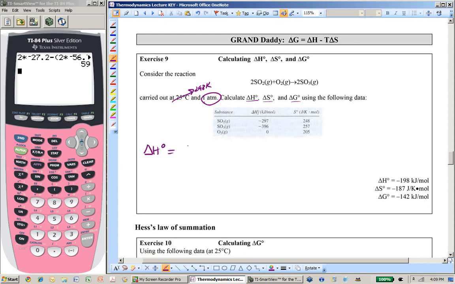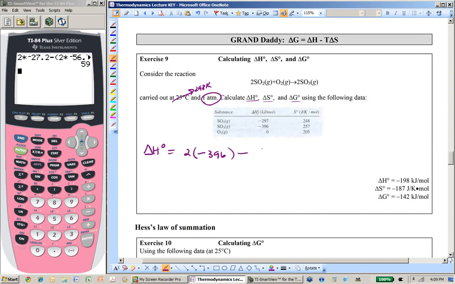Delta H naught equals. Now I think you kind of get the hang of it. So with delta H's, I know that my oxygen is 0, so I'm happy about that. So I'm simply going to cut to the chase on this one and say, okay, 2 times SO3's value. Looking for SO3, looking in the right column, negative 396. I'm going to do units last.